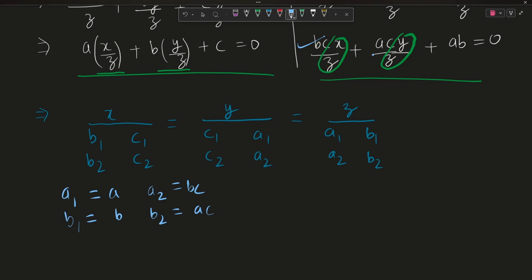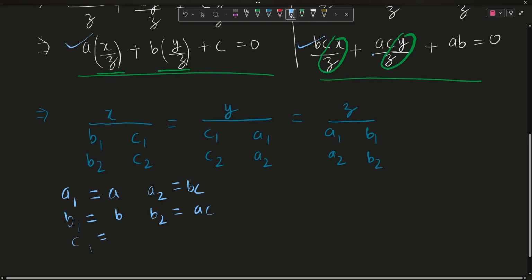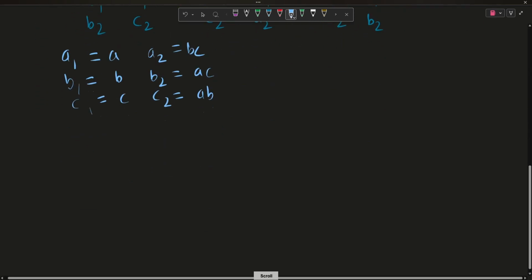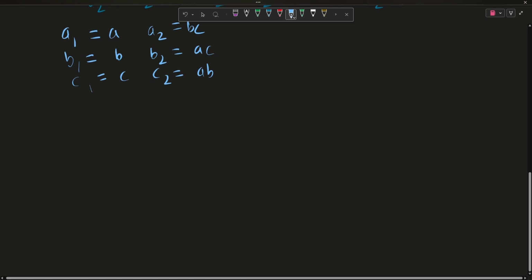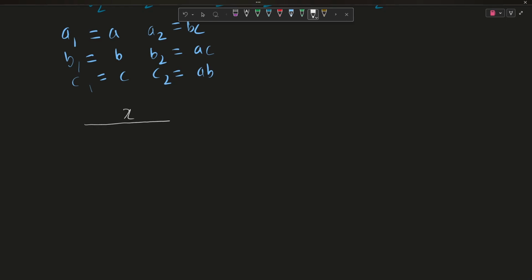C1 is equal to C and C2 is equal to AB. Now let's continue. Substituting these values in our formula, x upon B1 B2, which is B, AC, and C1 C2, which is C, AB.